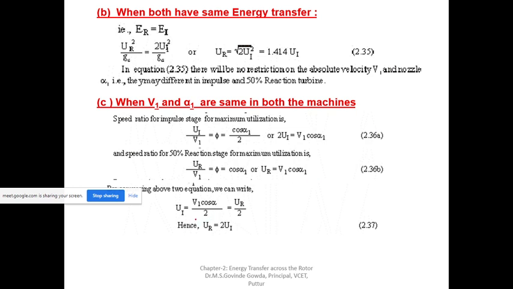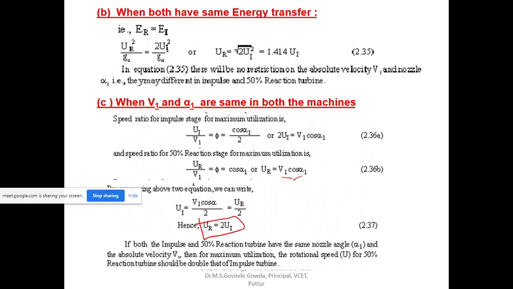So now comparing these two things, U1 equal to V1 cos alpha 1 by 2, and V1 cos alpha 1 is nothing but UR. So we can say hence UR equal to 2U1. This is the third condition now. Are you getting this or do you want me to explain anything? No, sir. Okay.